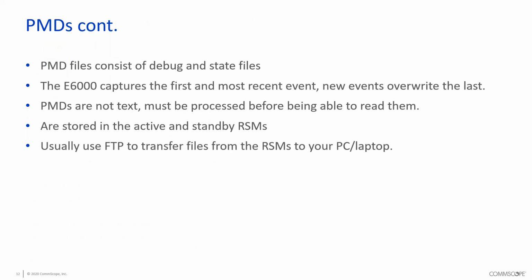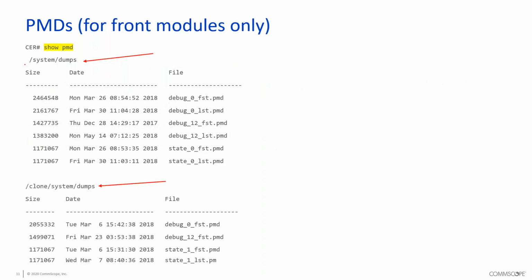And remember, when we FTP into the E6000, we're going to need to navigate to the system dumps directory to get those off of the active RSM. And then we'll need to navigate to the clone system dumps directory to pull those off of the standby. So make sure you get both.